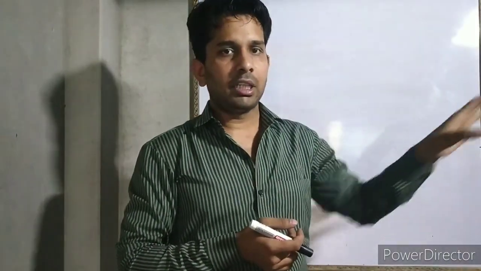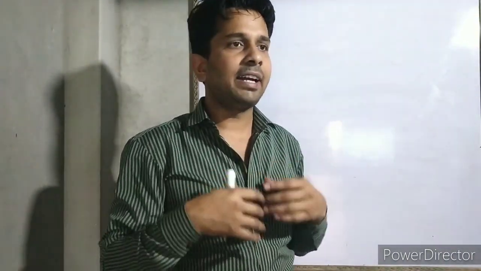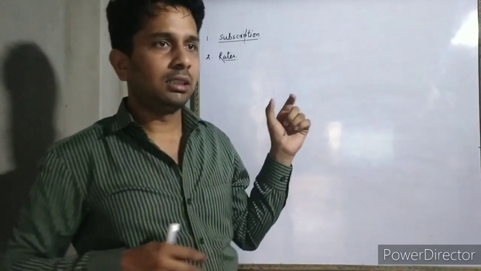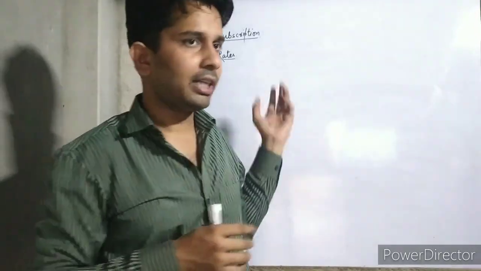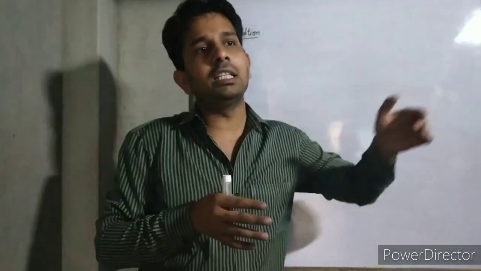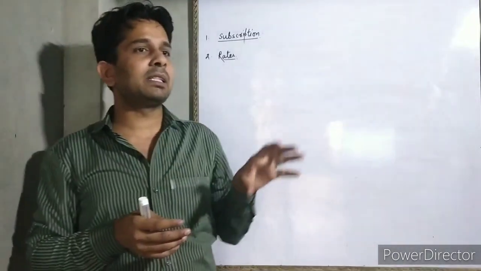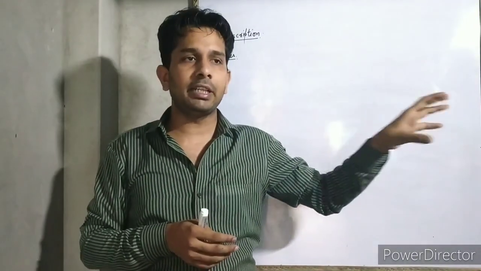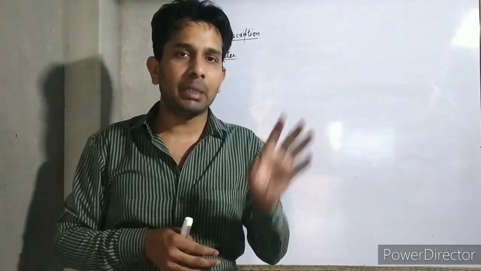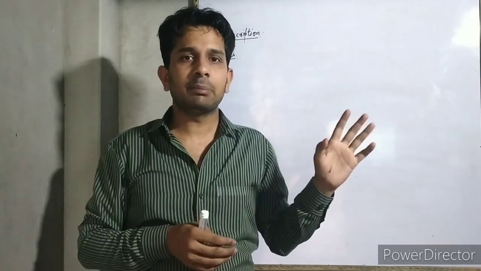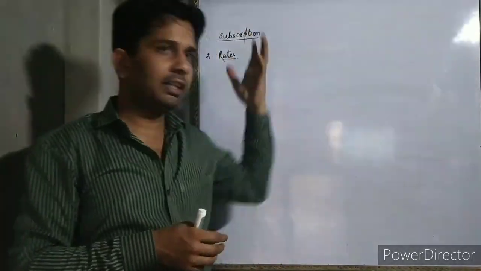Means on March 31st we are figuring it out, and we find that this expense is prepaid till June 2015, means 3 months extra. If we pay expenses for an extra period of time, it is treated as prepaid. So that 3 months is prepaid, right? So we will take that amount.